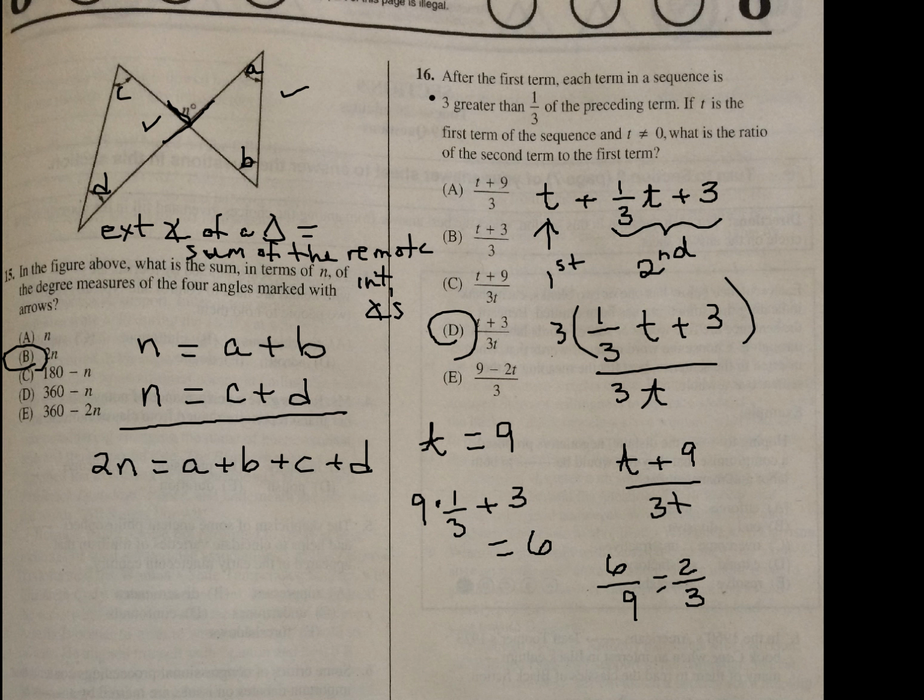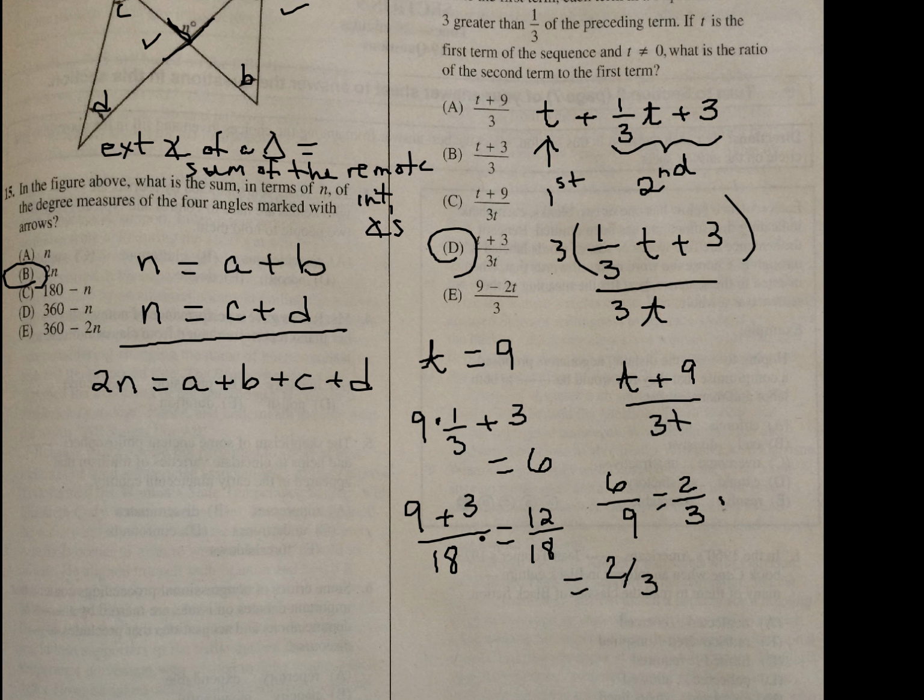So you put t in, our t is 9, and if you do it in the first one, you get 18 divided by 3 is 6, not 2/3. You just work your way down until you get to D, and if you put 9 in for t, you would say 9 plus 9 over 27... you would get 12 over 18, which is equal to 2/3, what we got.